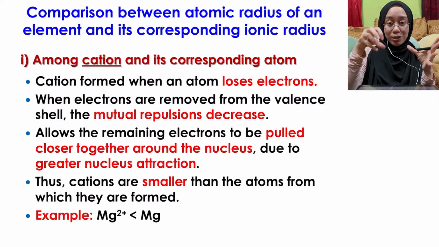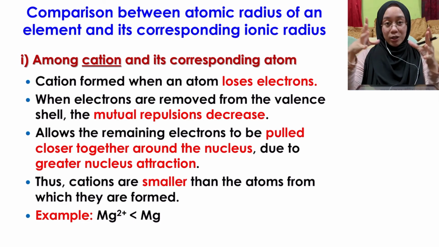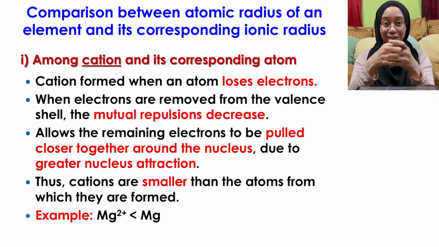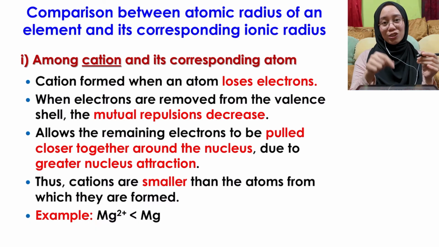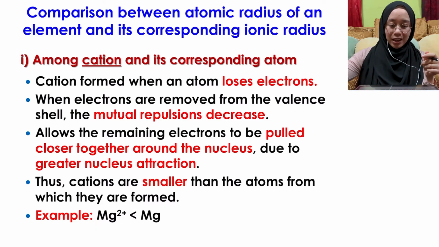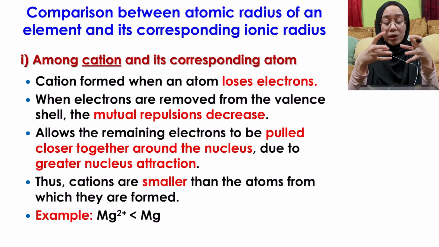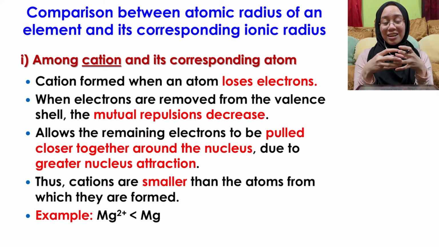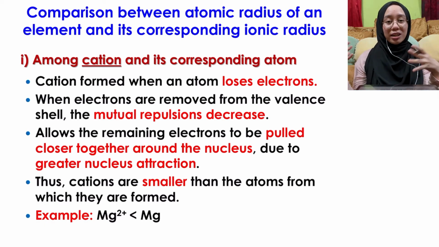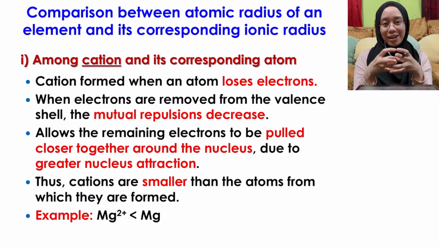Ada space, satu space yang kosong tu kan? So apa yang kamu akan buat sekarang? Kamu akan kecilkan bulatan tu, kan? Okay, so sama juga konsep ini. So bila elektron tu kita remove, so that is why dia cakap kat sini, the remaining electrons, they are to be pulled closer together around the nucleus. Sebab dia punya repulsion tu dah berkurang. So that's why dia akan makin dekat together.